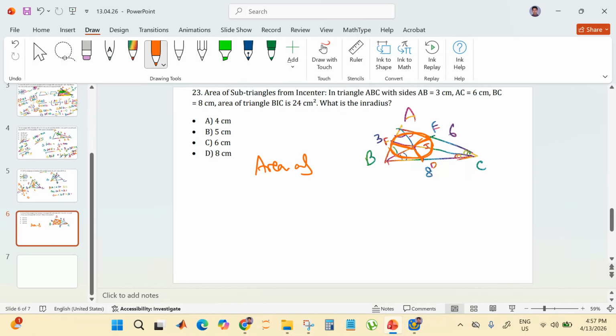If the area of triangle BIC is given as 24, basically it is half into base into height. Height is ID and base is 8 because BC is the base. So 24 equals half into 8 into ID, and ID will be 6 centimeter. Okay, you have to find the inradius, that is ID is 6 centimeter, it is also the inradius.